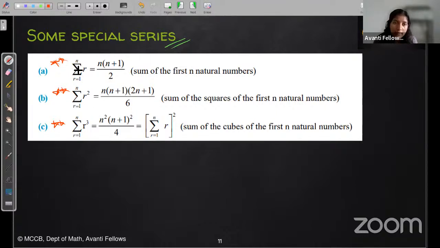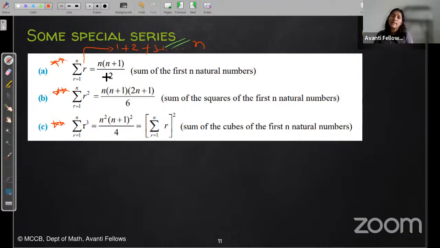Now here we have summation of r from r is equal to 1 to n is equal to n into n plus 1 by 2. What is summation of r? It's nothing but the sum of the first n natural numbers, right? Replace r by 1, plus the second term is 2, third is 3, and so on up to n. So the sum of the first n natural numbers will be equal to n into n plus 1 by 2.